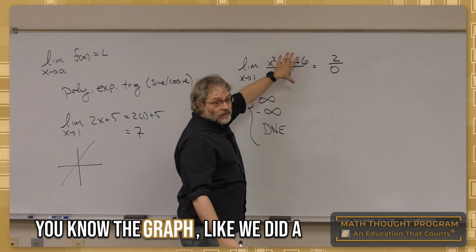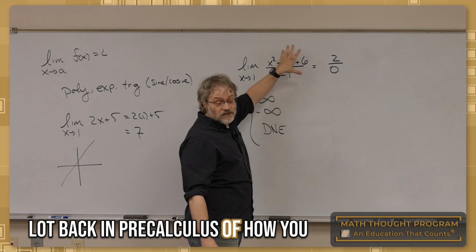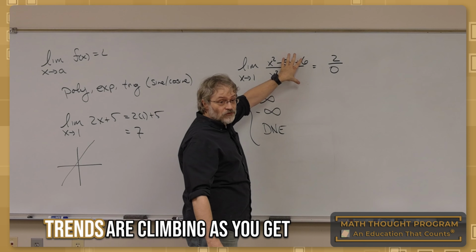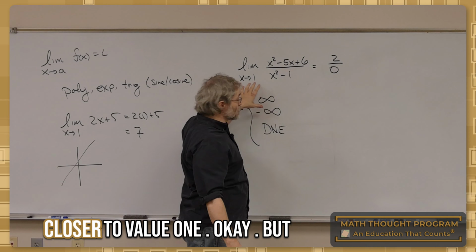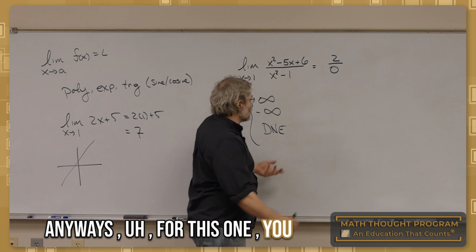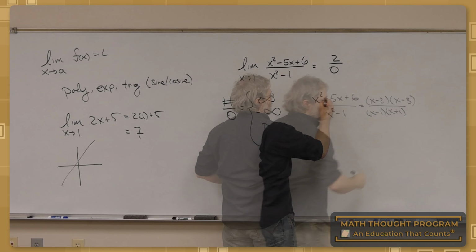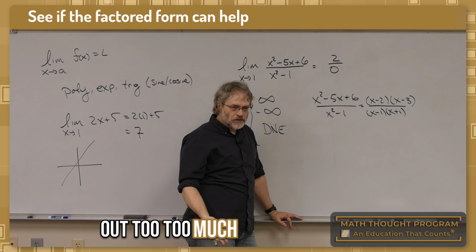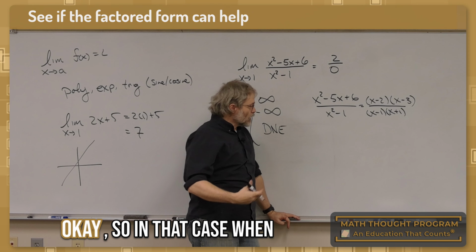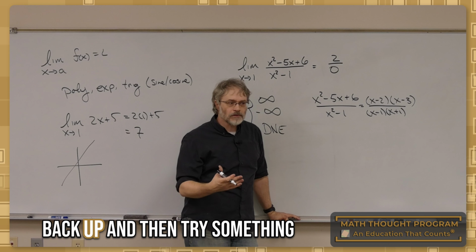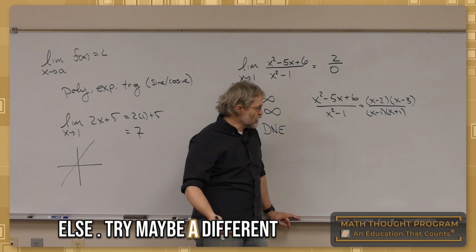Or if you know the graphs, like we did a lot back in pre-calculus, of how you graph rational functions, you can inspect the graph and see how trends are climbing as you get closer to the value of 1. For this one, you could factor it, but it doesn't seem like it's going to help out too much. When something doesn't help out, just back up and try a different technique.